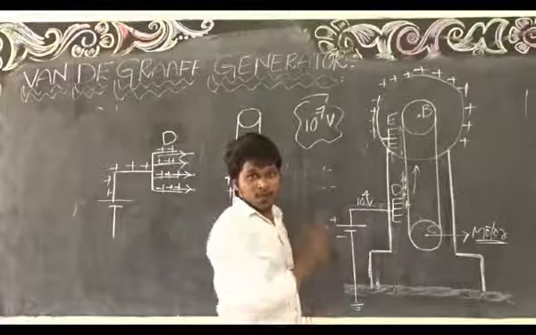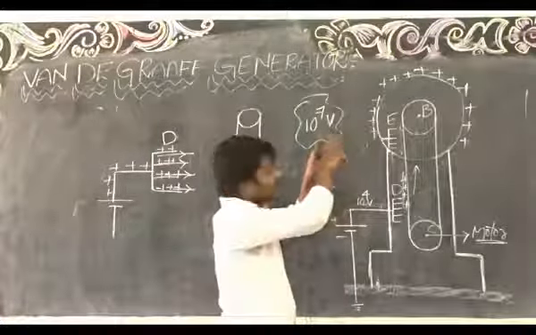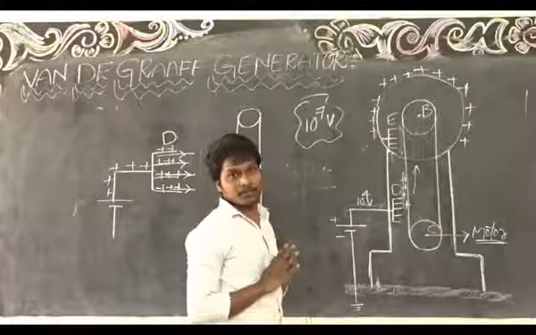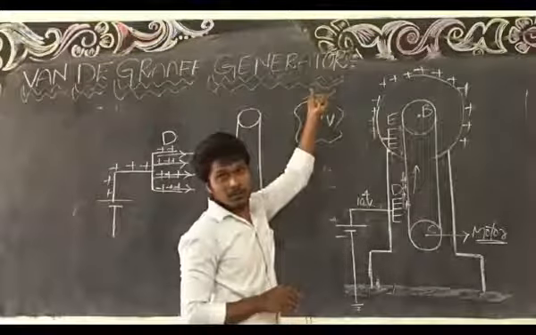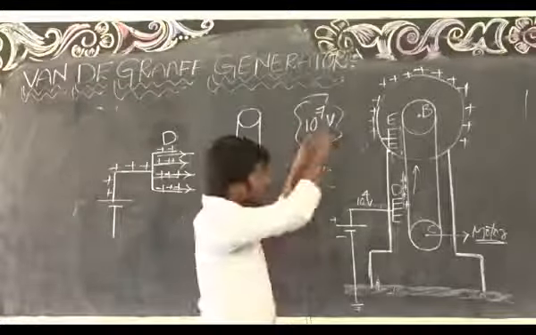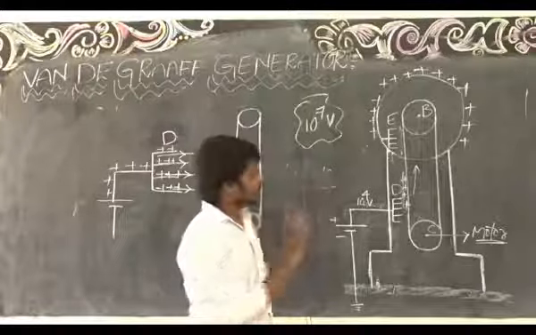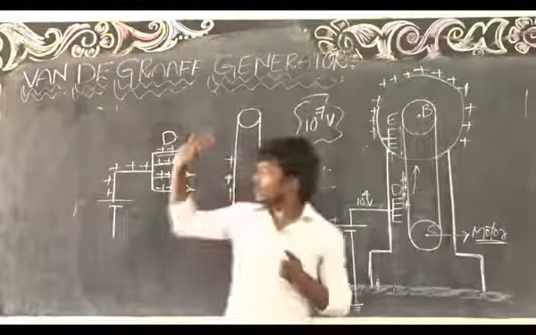Once we make the steel coating on the sphere, the charges won't leak. Even though the basic limit of the charges is crossed, it won't leak because of that steel coating on the sphere.